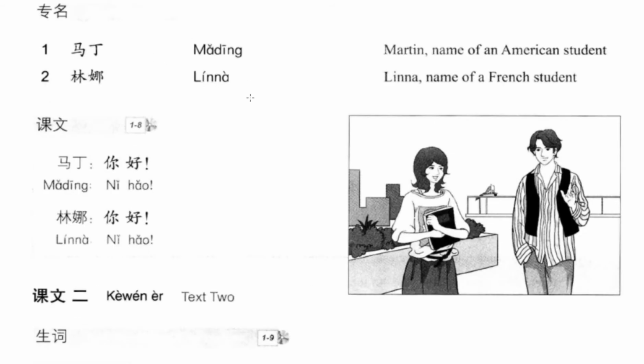Okay, next. Here, 马丁 is Martin, name of an American student. And the second name 林娜, name of a French student.